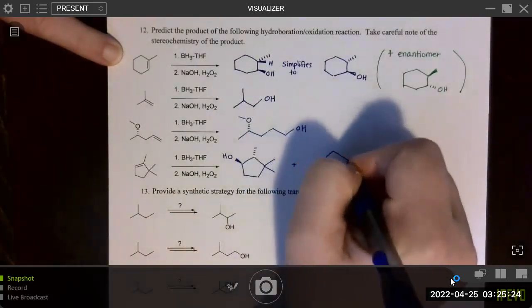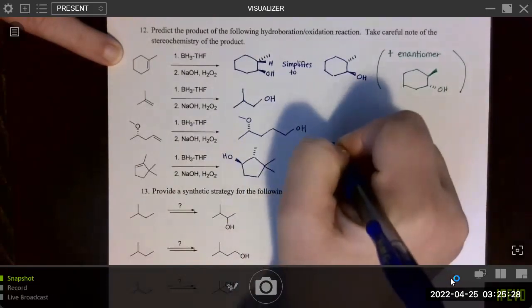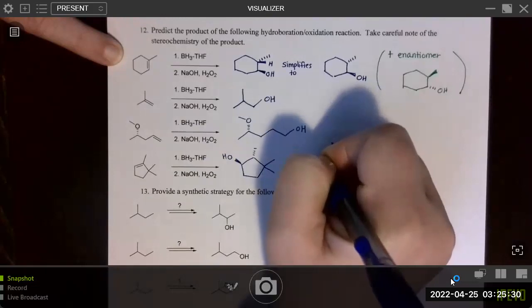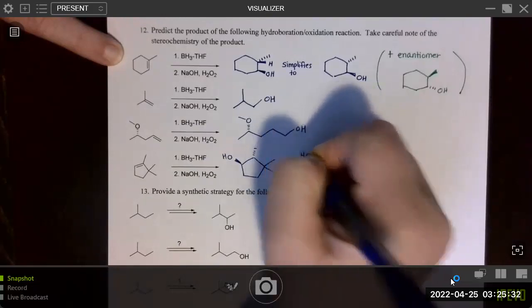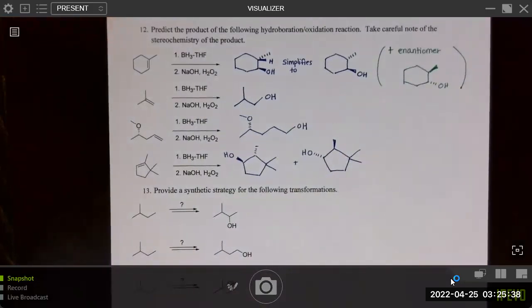And we also get the enantiomer, from when the OH and H get added from the back, from the bottom. Okay, maybe take some notes here.